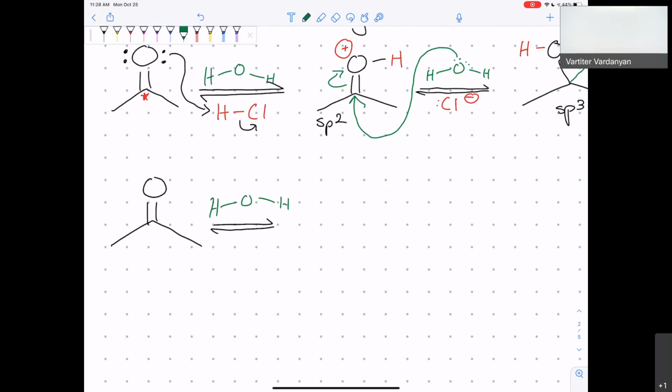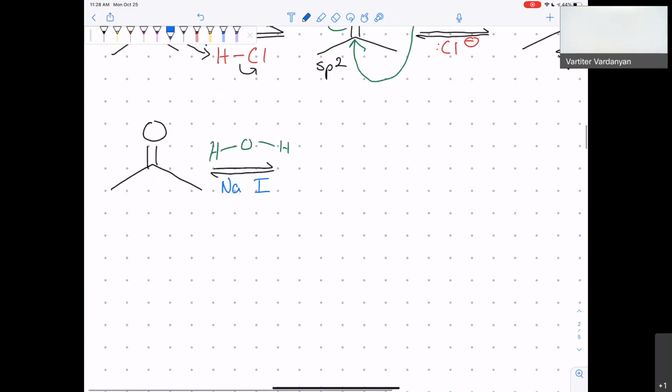And I'm trying to think of a base that's not OH. That's an acid. Let's say NaI. Sure, why not? All right, so we know that that I has what charge? Negative. Cool.